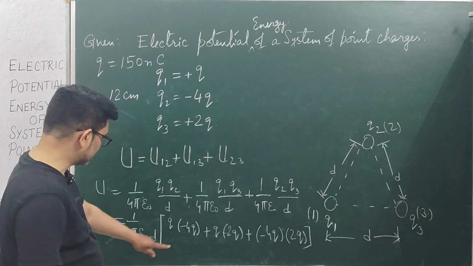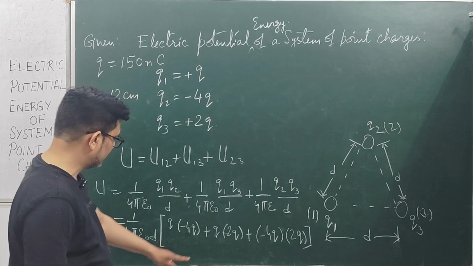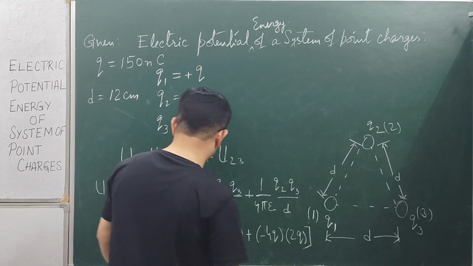So this comes out to be minus 4Q square, this comes out to be 2Q square, and this again comes out to be minus 8Q square.